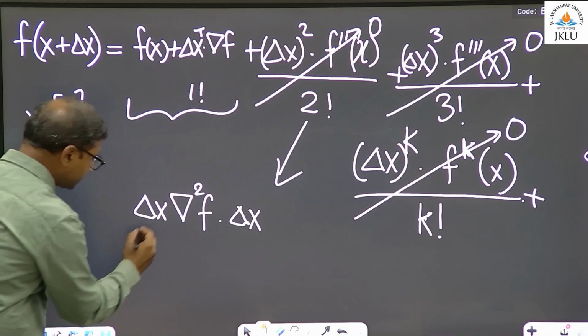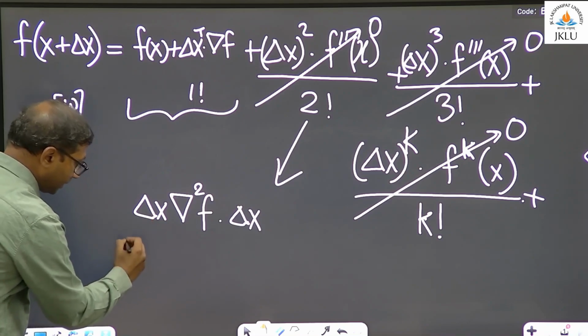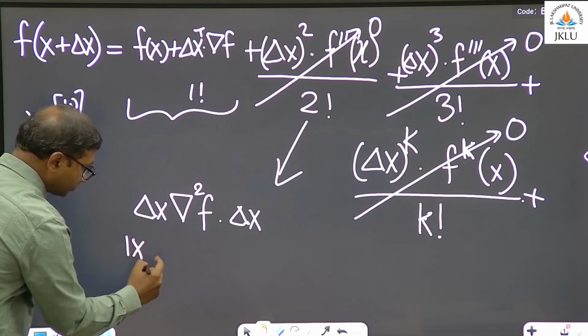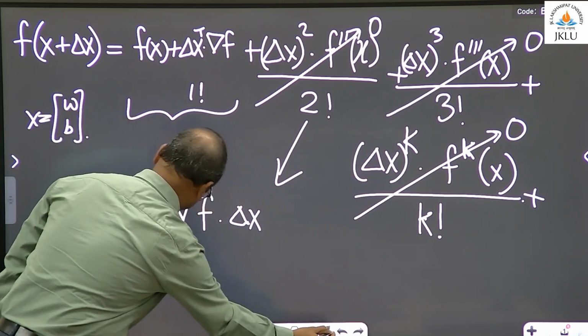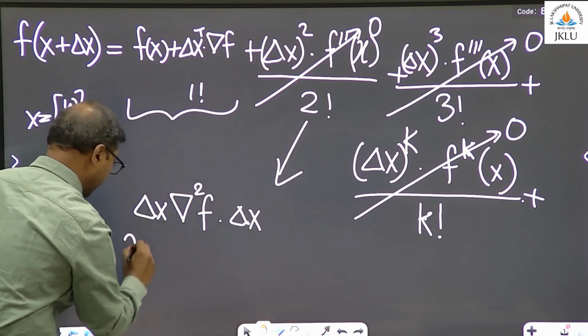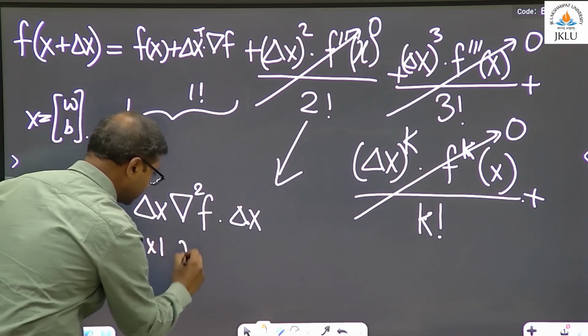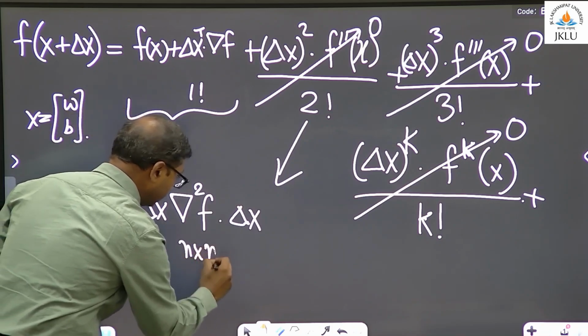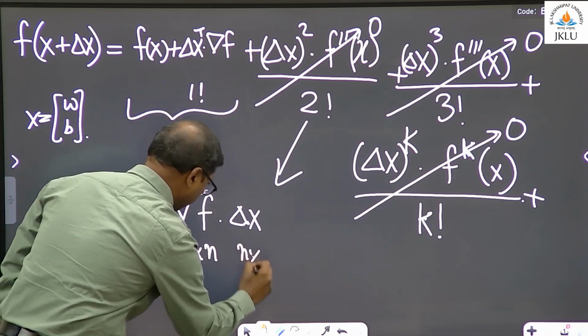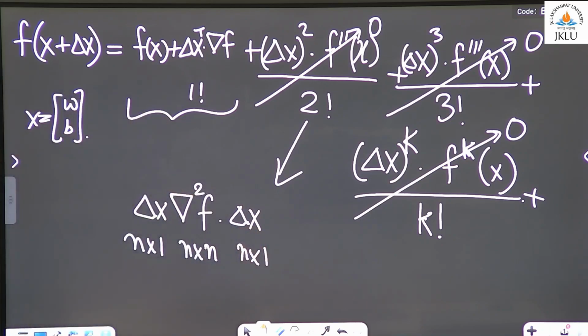See, this is a column, this is n cross 1, this is n cross n, this is n cross 1. Where do I put the transpose?